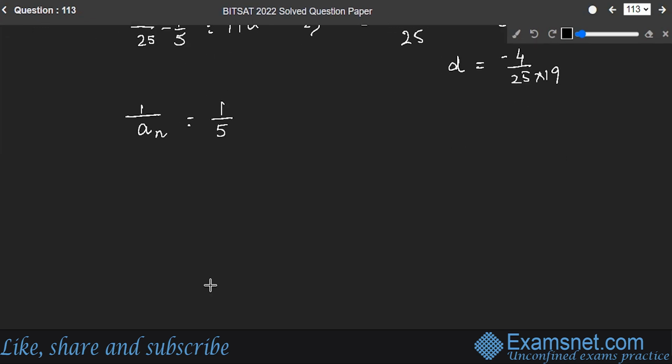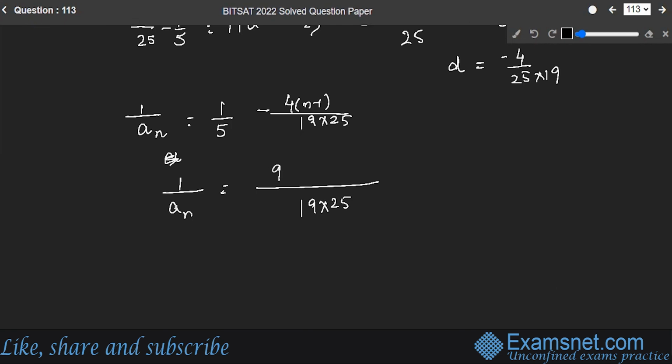Or you have 1 upon an is equal to 1 by 5 minus 4 into n minus 1 upon 25 into 19. So you have 1 upon an is equal to, I'm going to take the LCM, 19 into 25 here, 19 fives are 95 minus 4n plus 4, which is equal to 99 minus 4n upon this.